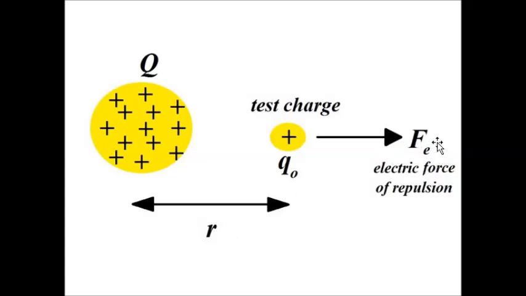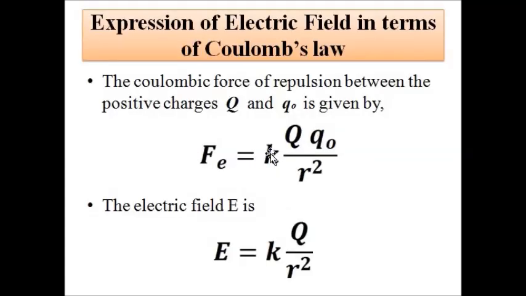The mathematical representation of this electric force of repulsion as per Coulomb's law is this: it is directly proportional to the product of the charges and inversely proportional to the square of the separation between them, that is k capital Q multiplied by small positive test charge Q0 by r square. K is Coulomb's constant and this is the electric force of repulsion. So electric field is Fe divided by Q0.